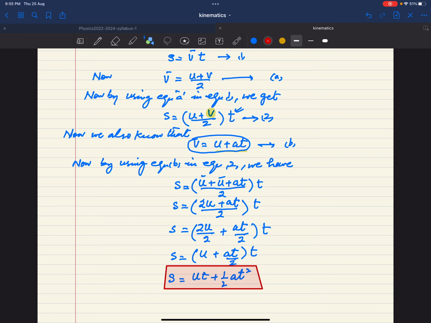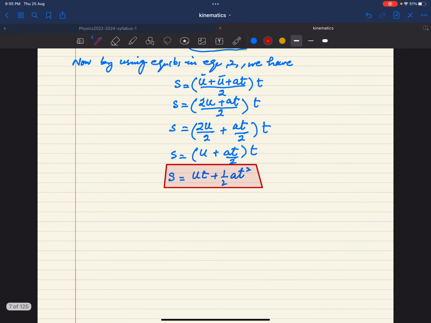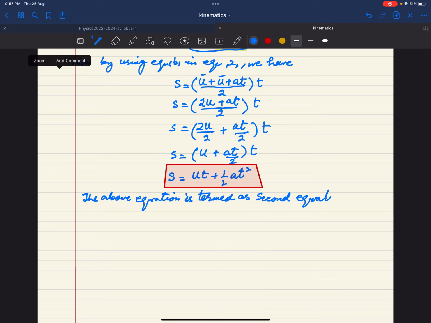Now remember, this is the second equation of motion. The above equation is termed as the second equation of motion.